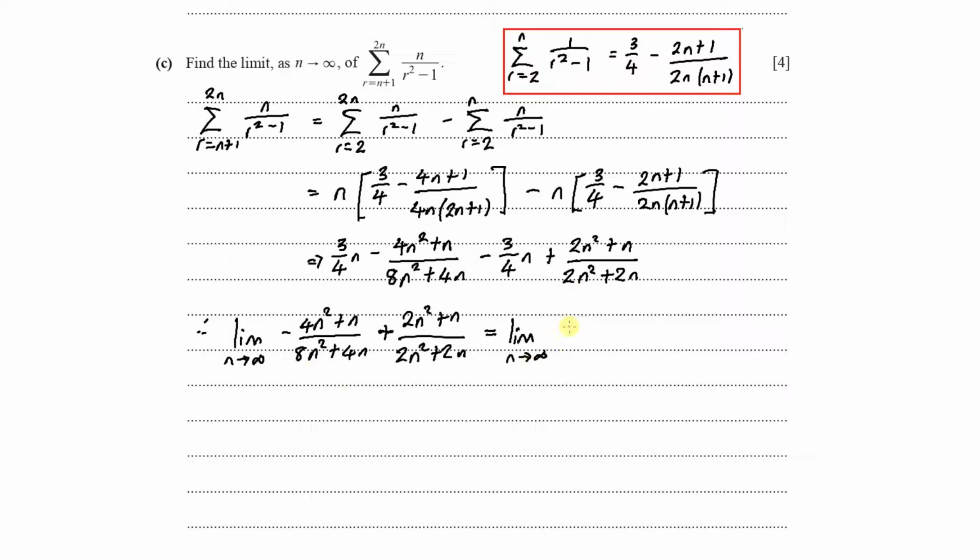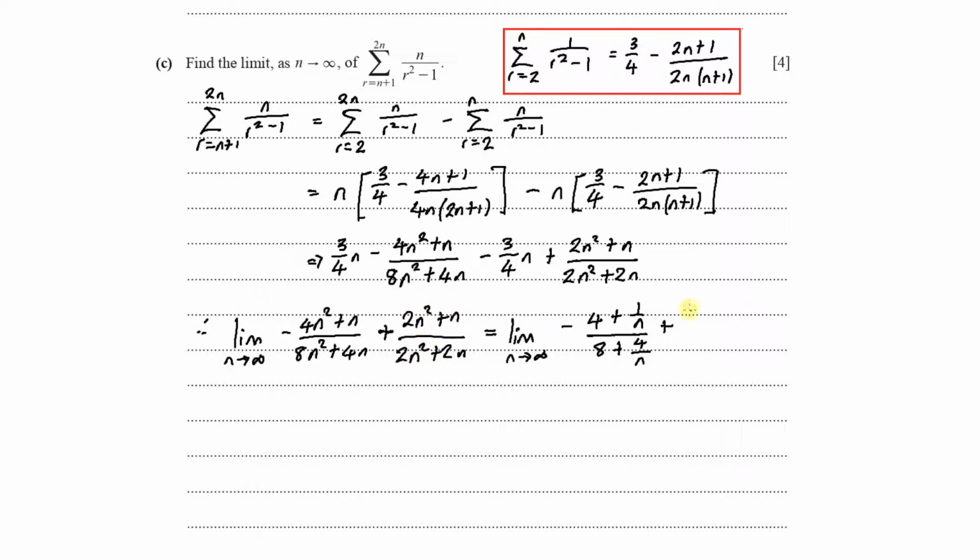So it means I'll be having here minus of 4n squared divided by n squared is, we just get 4, and n over n squared gives us 1 over n, and it's over, and here we'll get 8, and 4n divided by n squared, we just get 4 over n, and that's plus, again here I'll divide by the term with the highest power, so n squared.